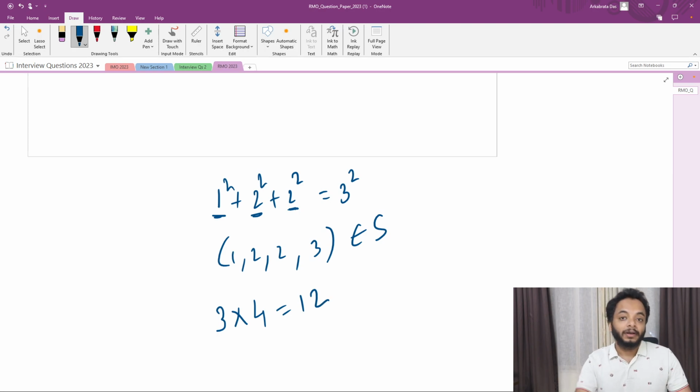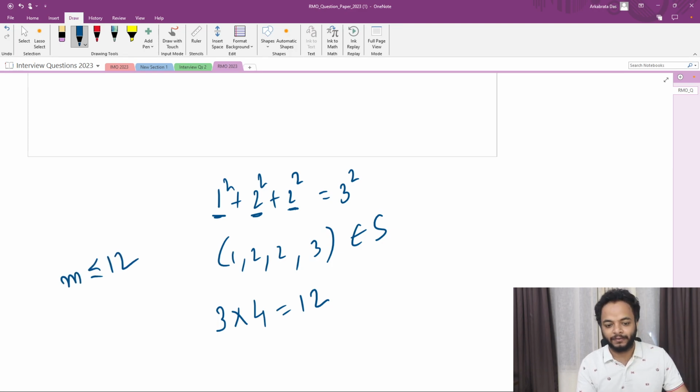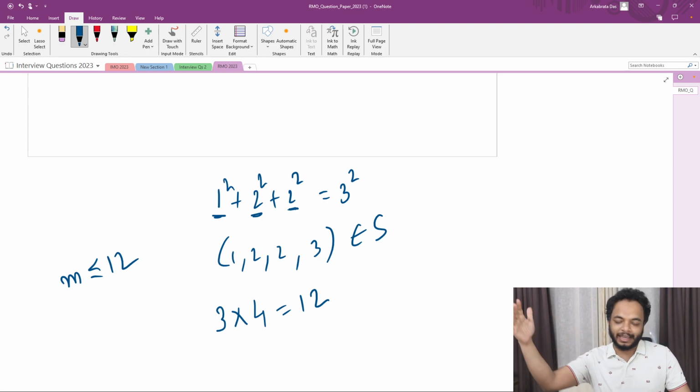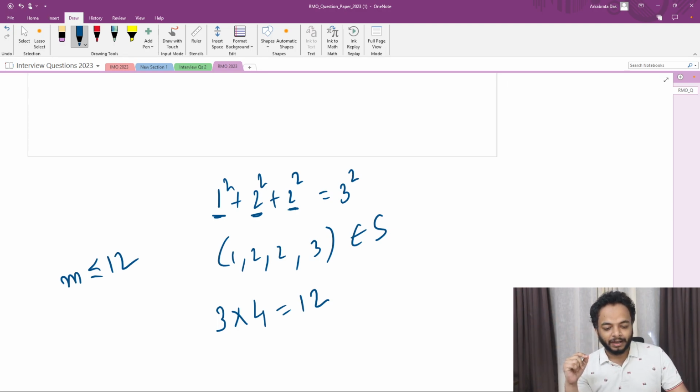So this product abcd is divisible by 12, and I can say that m is less than or equal to 12, because m should divide all such products abcd. Now if I can argue that all the solutions will be divisible by 12, that is, the product abcd will be divisible by 12, then I'm done.